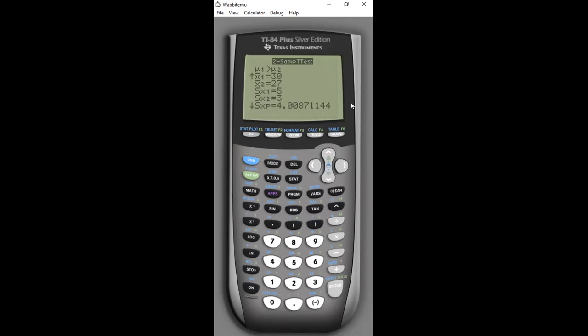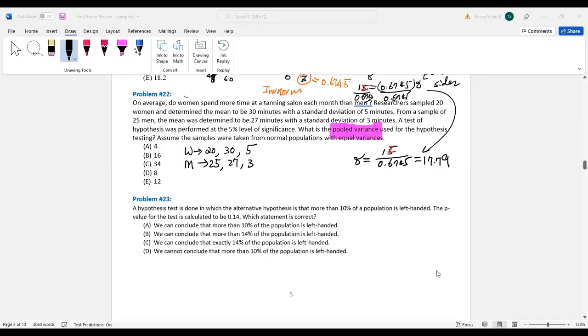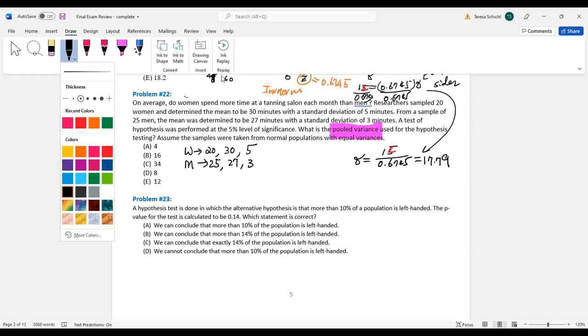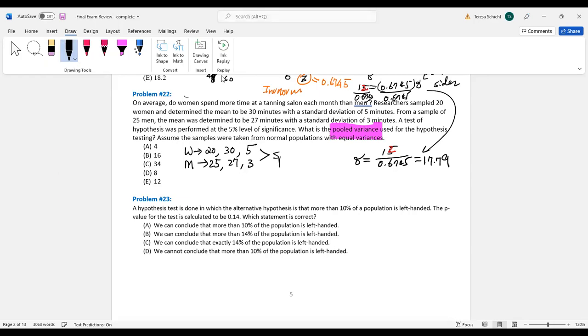So Sp is 4.0087. From the TI-84 calculator, we got Sp pooled, which is 4.0087.